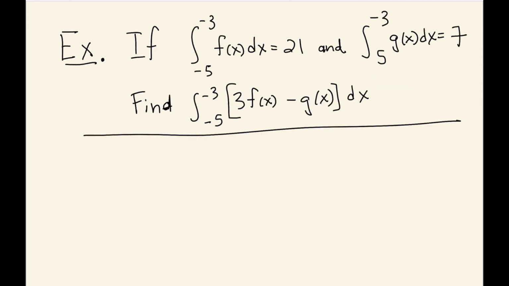In this example, we are given that the integral from -5 to -3 of f of x is 21, and the integral of, sorry, this should be -5 to -3 of g of x, so this is a different function, is 7. So in this case, our intervals are the same, but our functions are different. And then we're asked to find the integral of 3 times f of x minus g of x. So in this case, once again, we're just going to use our properties of integrals.